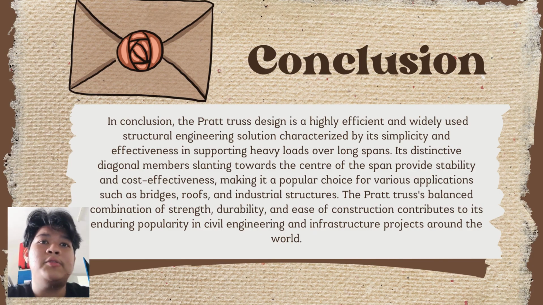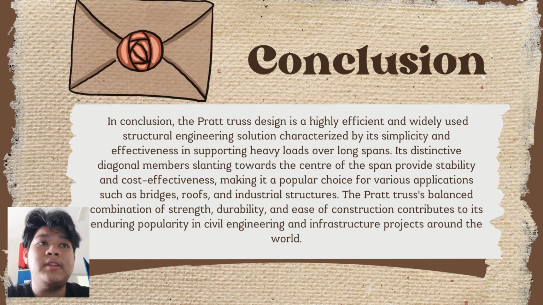Lastly, the conclusion. In conclusion, the Pratt Truss design is a highly efficient and widely used structural engineering solution characterized by its simplicity and effectiveness in supporting heavy loads over long spans.